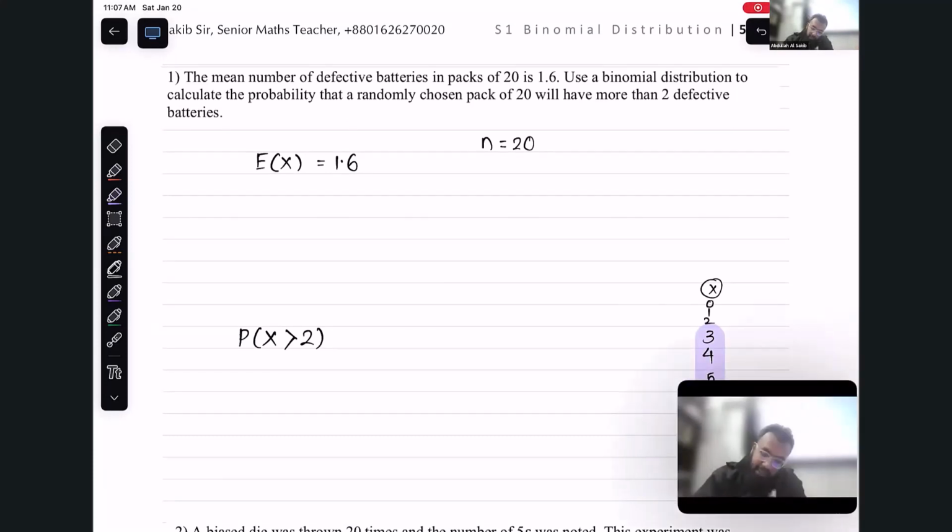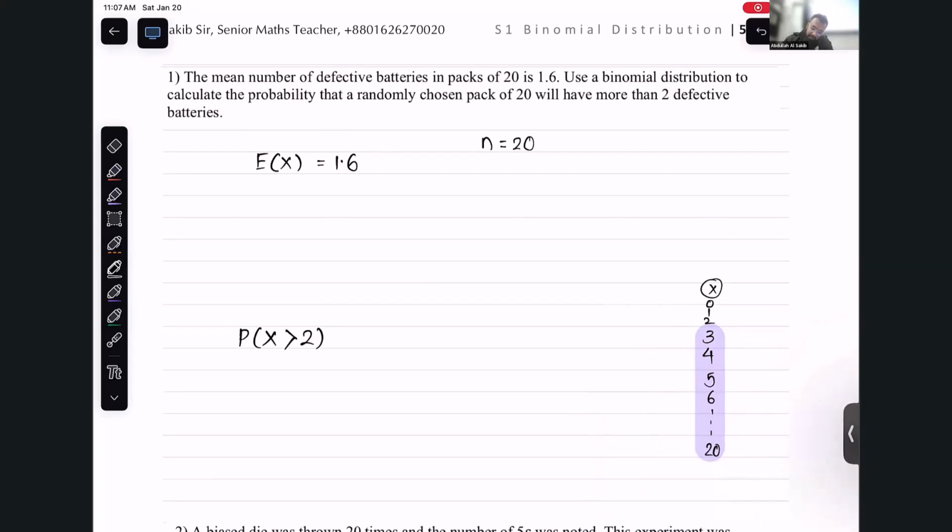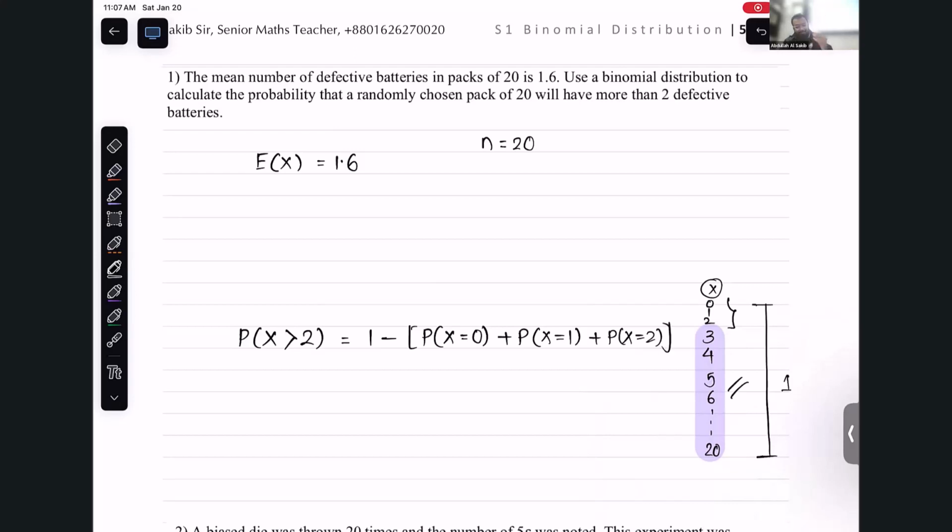So what we can do, if we take the total probability 1 and subtract these three, we'll get this answer. Isn't it? Clear? So you can write 1 minus, probability of X equal to 0 plus probability of X equal to 1 plus probability of X equal to 2.